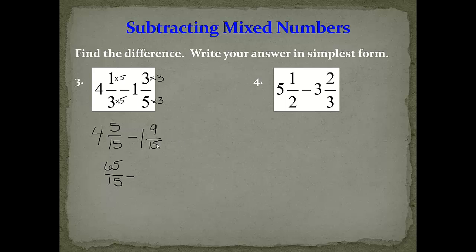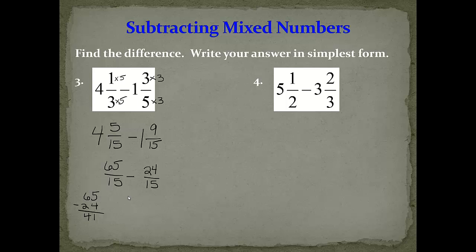And then for our second mixed number, we would do 15 times 1, which is 15, plus 9 is 24, so we have 24/15. Now we will subtract our numerator, so we do 65 minus 24, and 65 minus 24 would be 41.